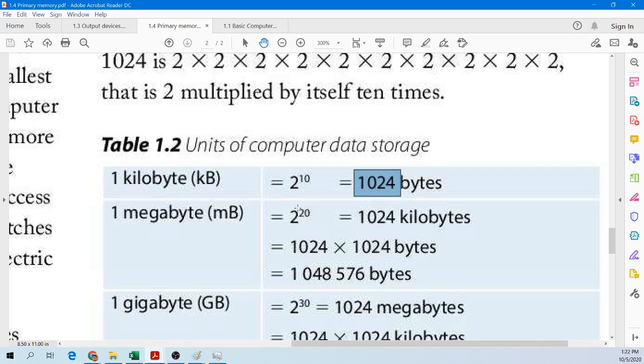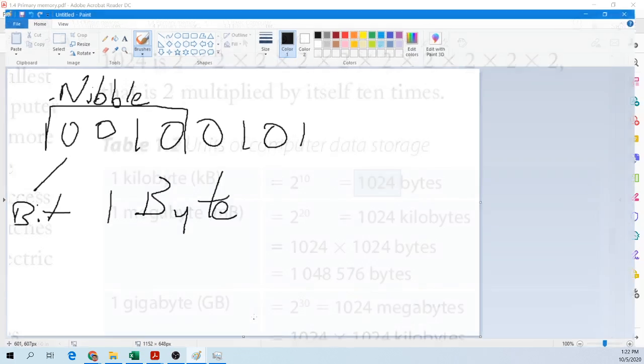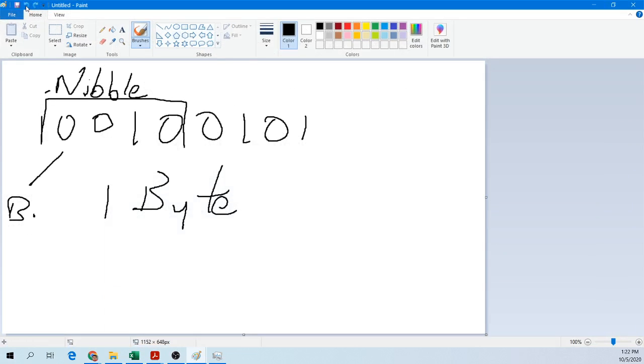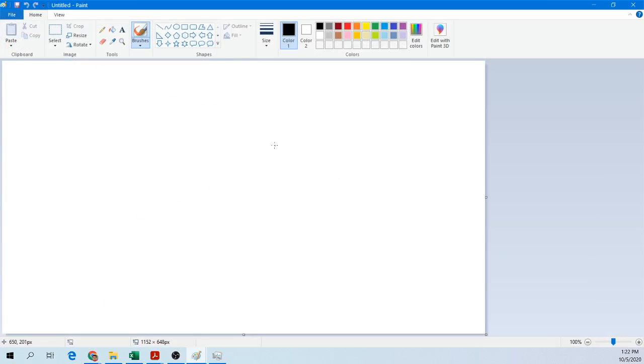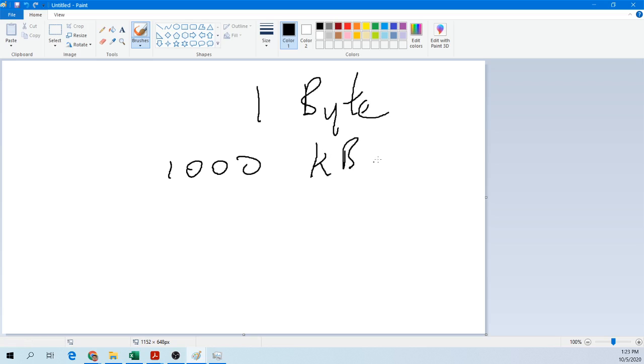So if we have 1 byte here, this is a byte, and if we add 1,000 to it, just imagine it's 1024, that gives you kilobytes.